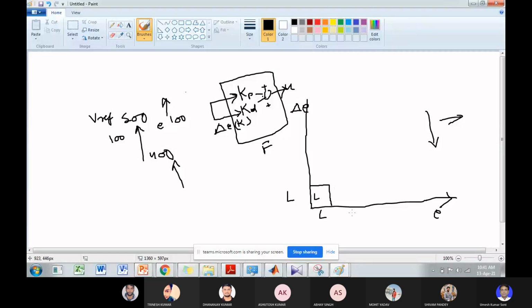Okay, so now our error is medium, and the change of error is also medium.